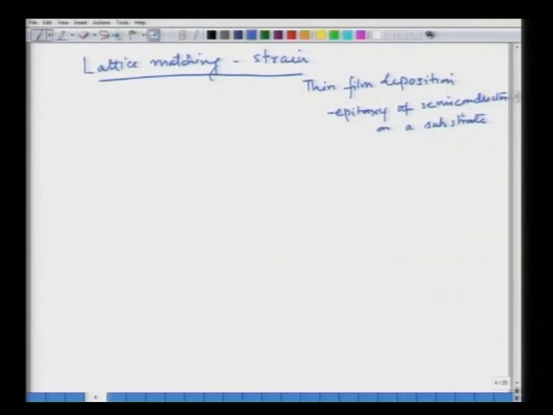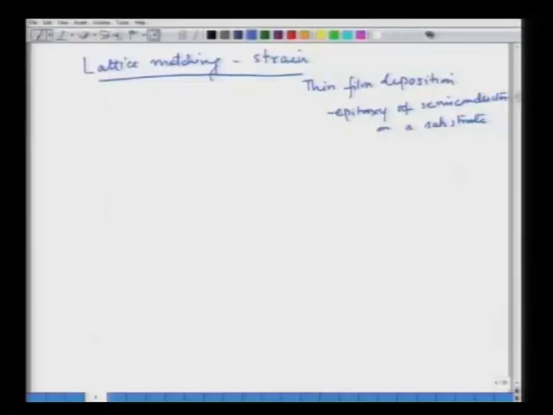In this process, depending on how my material is going to lattice match with the substrate, my material may have a different structure. It introduces strains in the material. Assume the semiconducting material which I am depositing has a lattice structure, and I am drawing only a 2-dimensional lattice here. This is the semiconducting material I am going to use for emission, the active material, and then I have a substrate which has a lattice parameter slightly larger than the semiconductor.